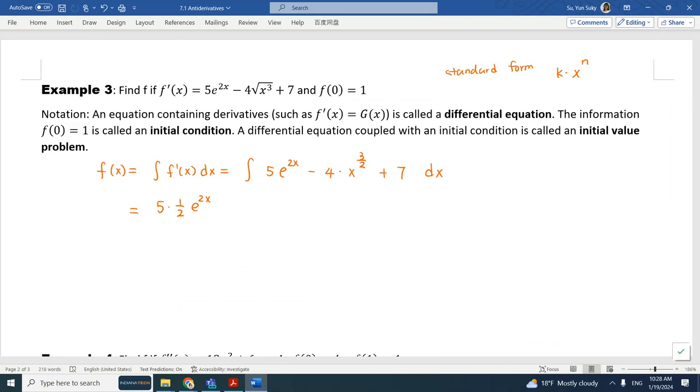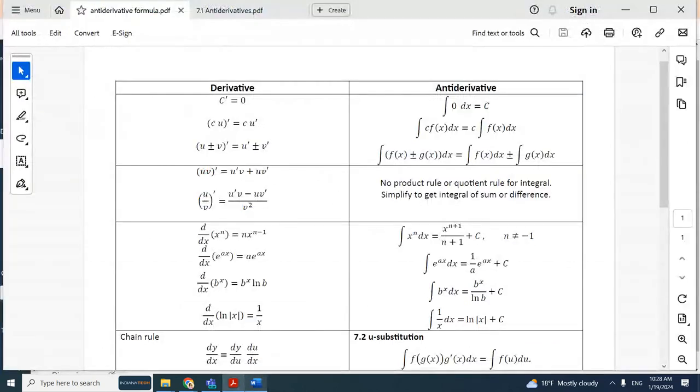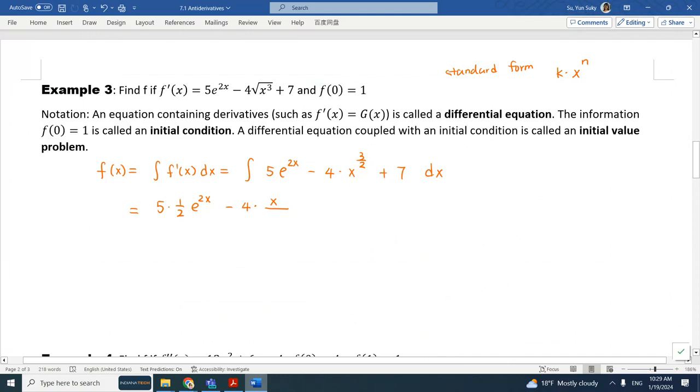How about the second term? What do we do with the minus 4? Minus 4 stays here. Then be careful. We are using the power rule, but in the power rule we divide by the new exponent. We don't divide by the old exponent. So you calculate the exponent first. This is our exponent, 3 over 2.